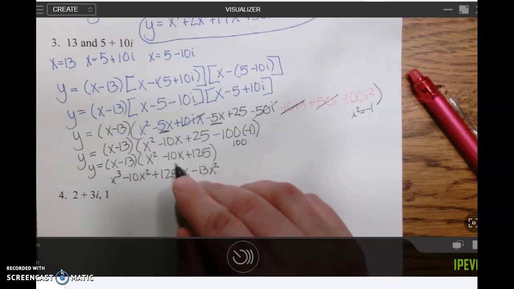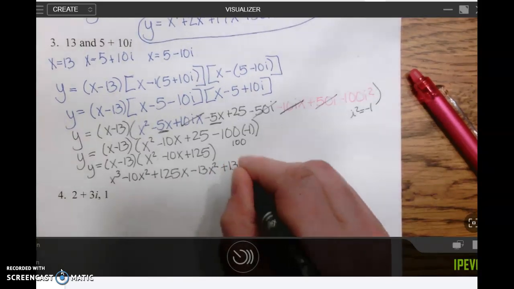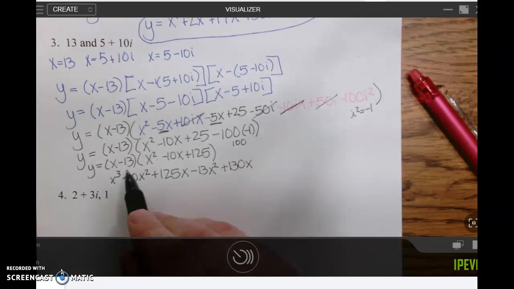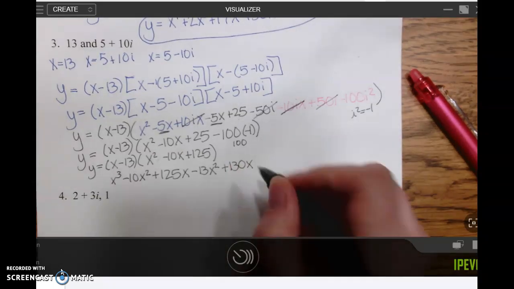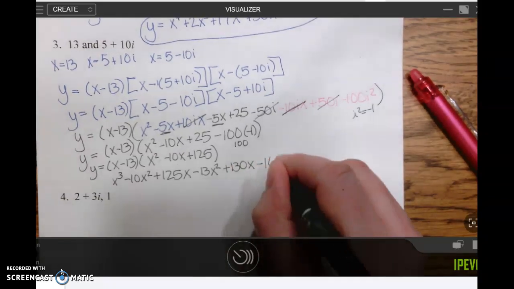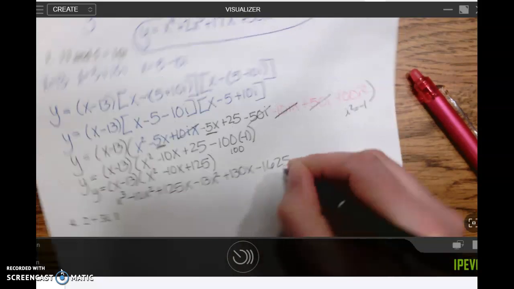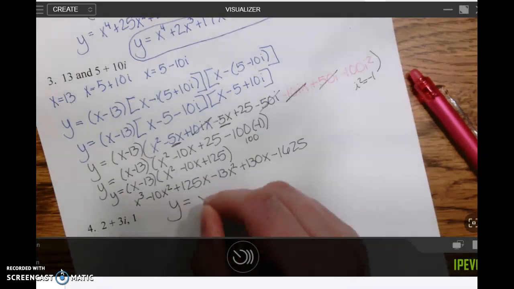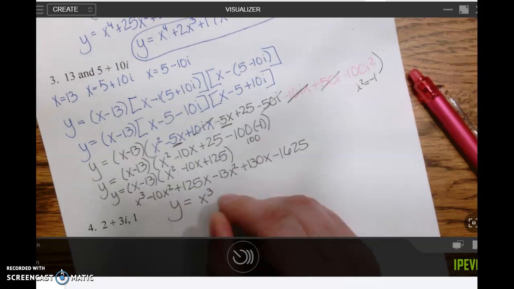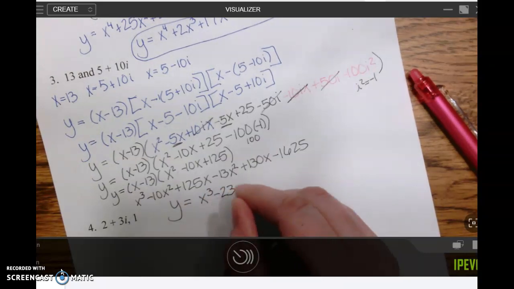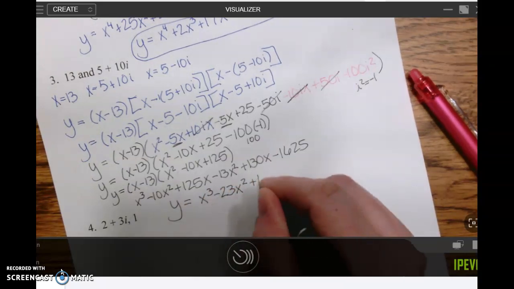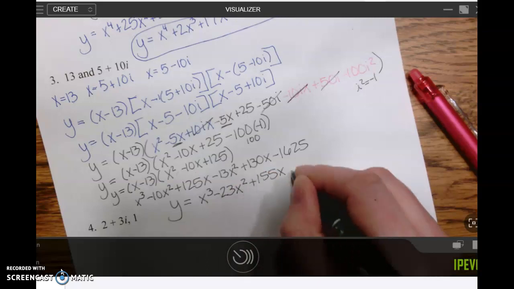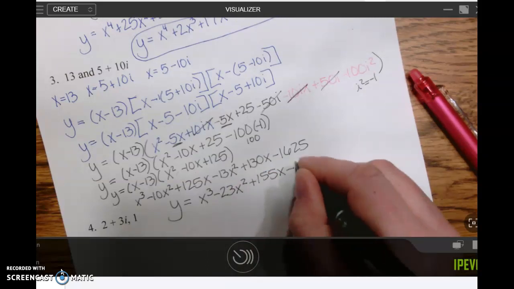Negative 13 times negative 10x is positive 130x. And last of all, negative 13 times 125 is negative 1,625. And so combining our like terms, we have y equals x cubed minus 23x squared plus 155x minus 1,625.